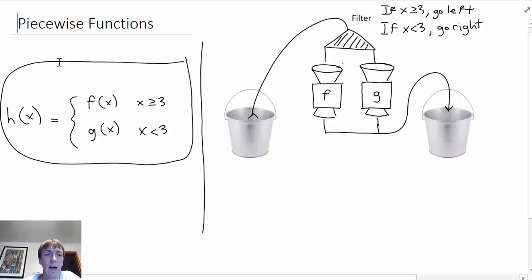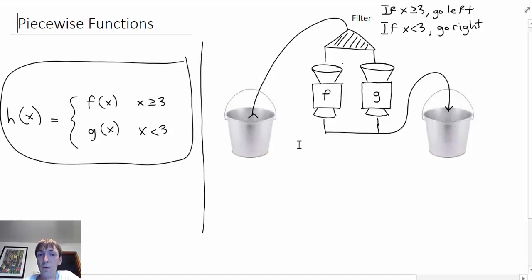Okay, so over on the left, this is a common way that we would write a piecewise function. The piecewise function itself is called h. And basically what this is telling us to do is it's saying if x is greater than or equal to 3, then we plug x into the f function. And if it's less than 3, we plug it into the g function.